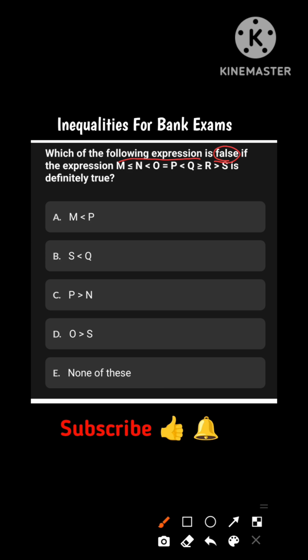It is also true. The flow from P to N. From P we can reach to N, it is possible. So it is also true. The flow from O to S. From O we can reach up to P but cannot flow up to S. So this one is false. So option D is the answer for this question.